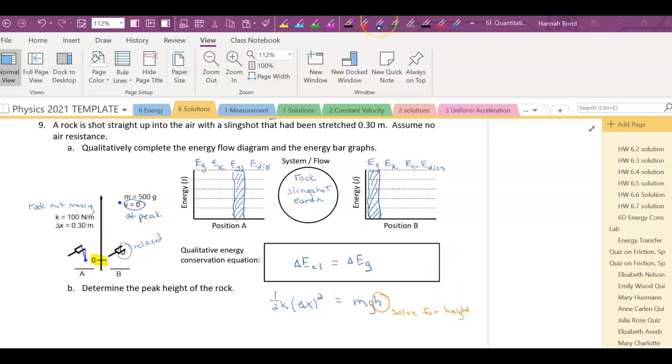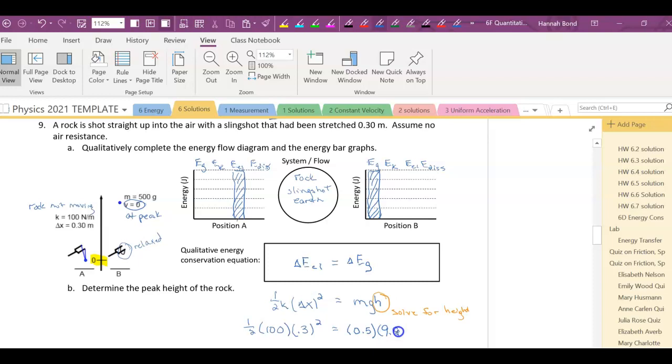Okay, so they gave me the spring constant of the slingshot. It's 100 newtons per meter. The displacement of the slingshot was 0.3 meters. I'm going to square that. The mass of the rock is 500 grams, so this is something that I need to convert to standard units. 500 grams is half of a kilogram.